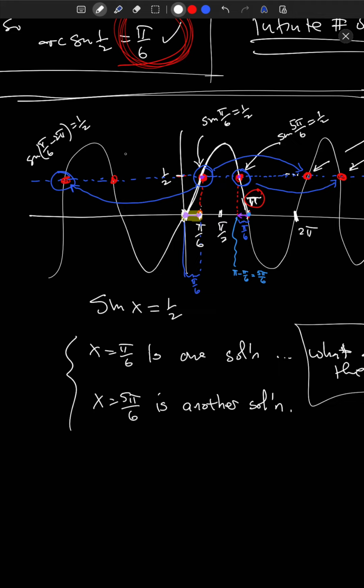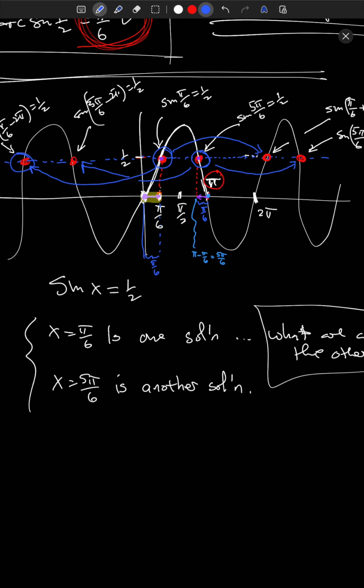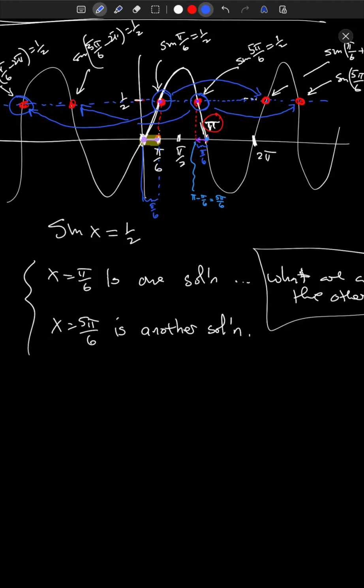And this one right here is going to be sine of 5 pi over 6, my second one, minus 2 pi equals 1/2. So I automatically have all the solutions, period, once I've found all the solutions between 0 and 2 pi.